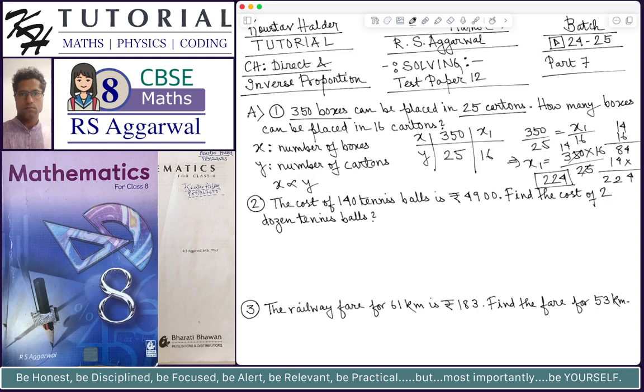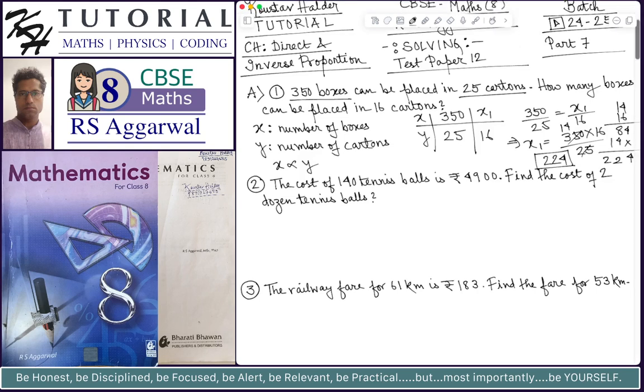We have 350 boxes in 25 cartons, and it is asking how many boxes can be placed in 16 cartons. If the number of cartons is decreasing, obviously the number of boxes will also decrease, and hence we can see that our result, 224, is consistent with the variation.